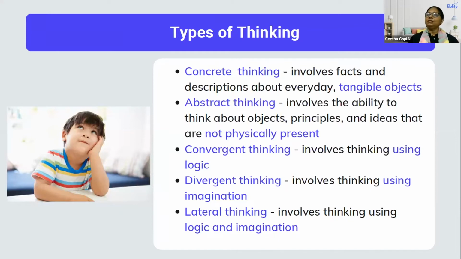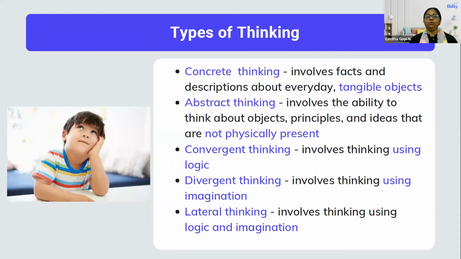There's also something called divergent thinking, which is far more open. It involves a lot of creativity and imagination. You might start off with one little idea, but then you try to create a lot of things from it. You can give one particular shape to a child, and this is one activity which can promote this. Ask them to create something new with that shape, adding on more details.